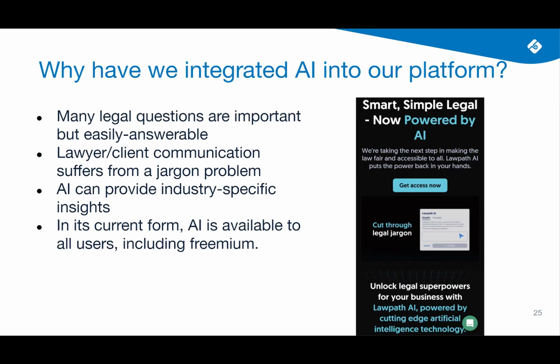Now, lawyer-client communication suffers from a jargon problem, as you may have noticed with some of the words that I myself tend to use, and AI is good for simplifying these things and making legal accessible to people. It can also provide industry-specific insights. If you tell AI that you come from a certain industry, it can provide you with information more relevant to you. In its current form, AI is available to all users, including freemium.